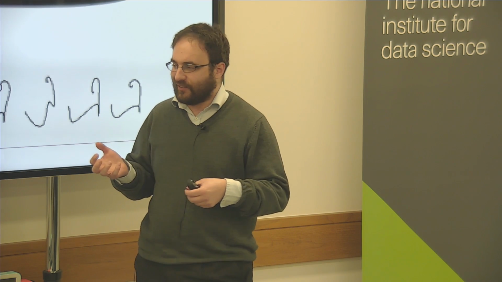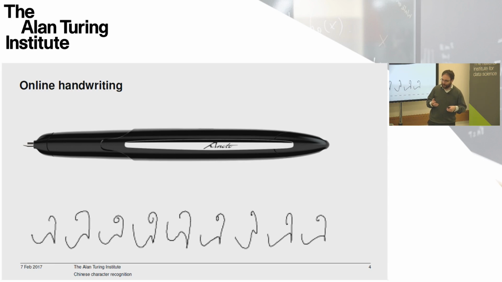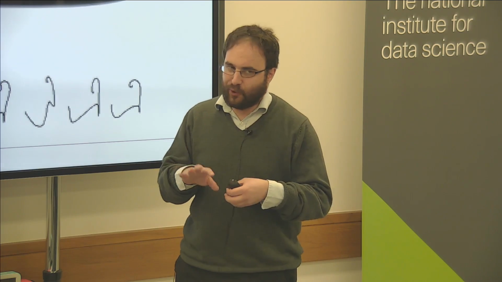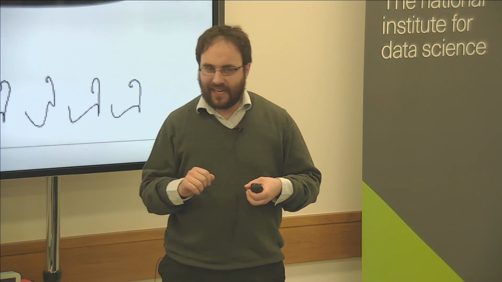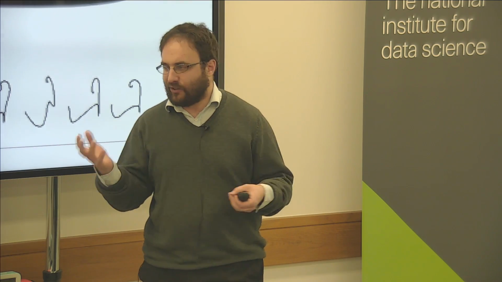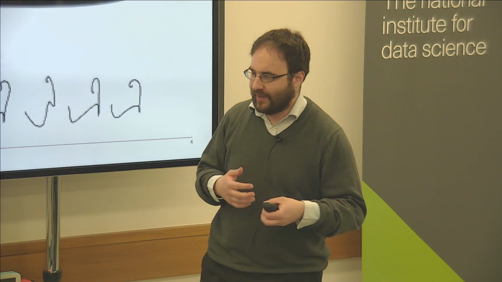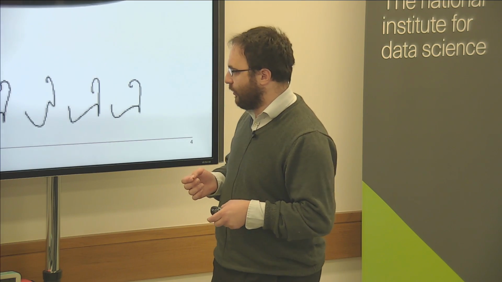The type of handwriting recognition that I'm looking at is what is called online handwriting recognition. So someone has written a character with either a special pen or on a special touchpad or on a phone or whatever, so that available to the algorithm is not just the image of the character they've drawn, but the order in which they've drawn it, and speed and pressure information might also be there, but I'm not using that in what I do at the moment.